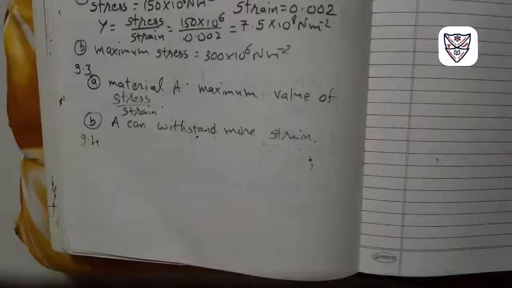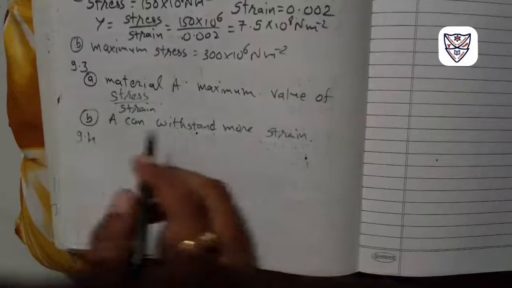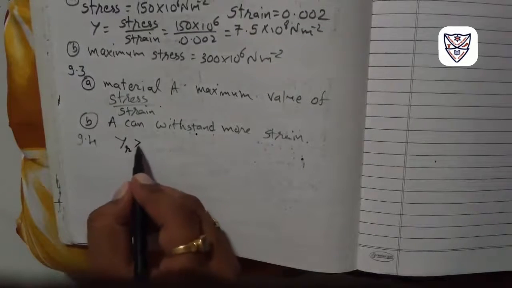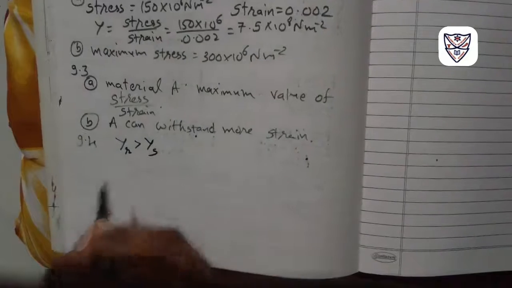Now in this 9.4 numerical, we have to say whether each statement is true or false with reasons, right? So A, the Young modulus of rubber is greater than that of steel.